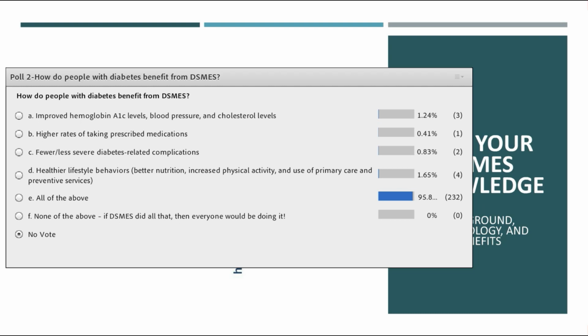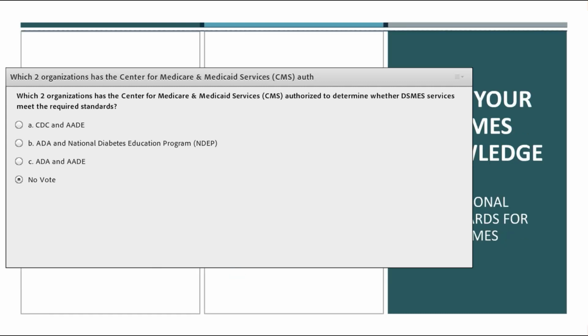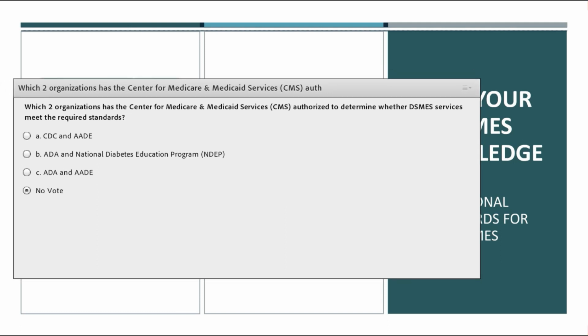And we have another question for you, this one about the national standards for DSMES. Which 2 organizations has the Center for Medicare and Medicaid Services authorized to determine whether DSMES services meet the required standards?